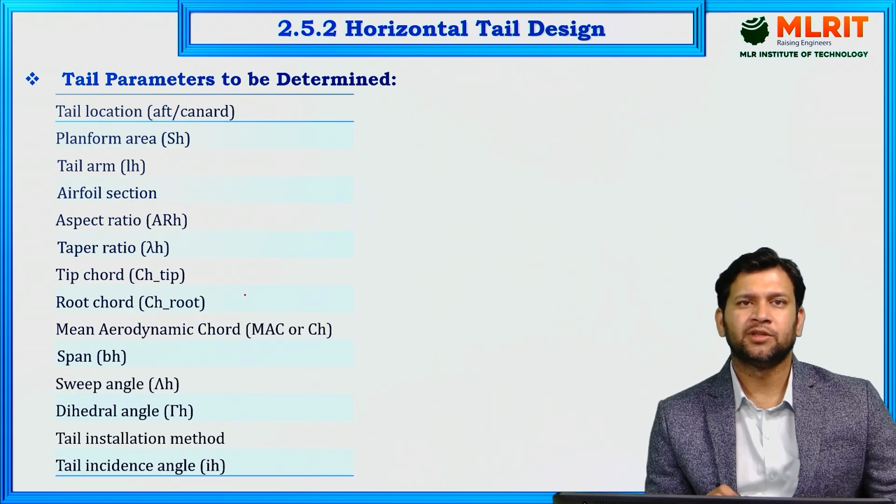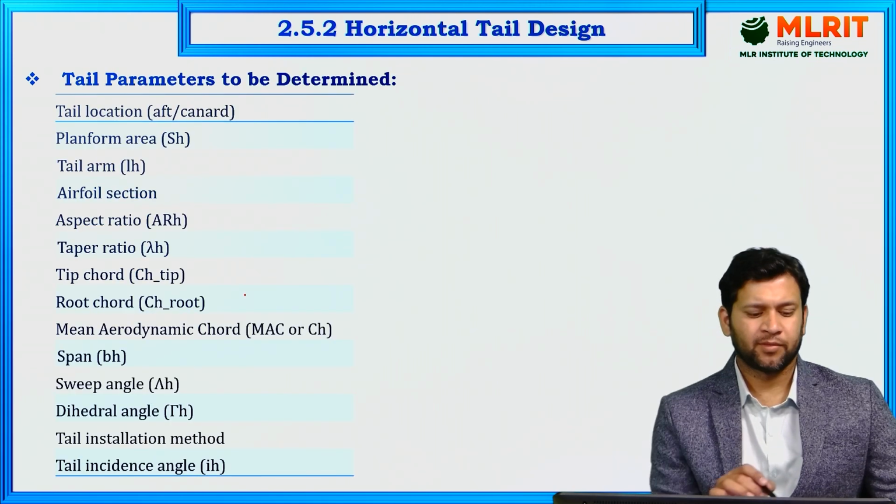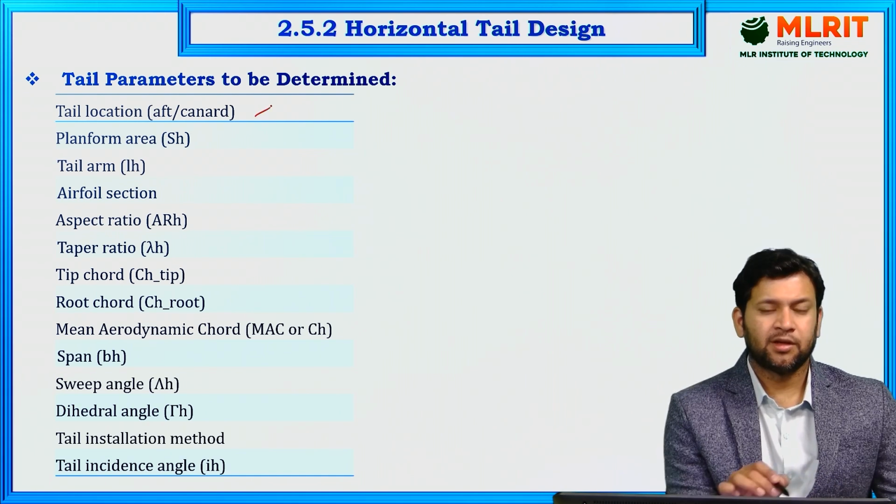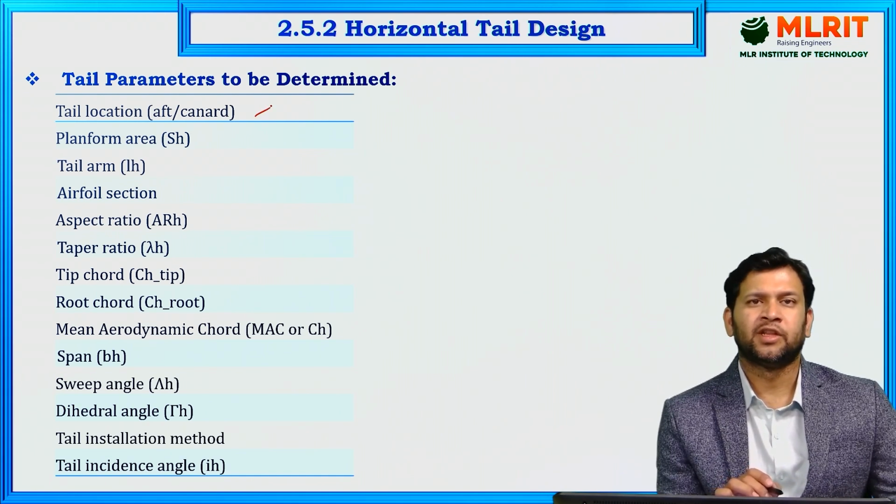Tail parameters to be determined. First one is tail location, whether it is aft tail or canard.